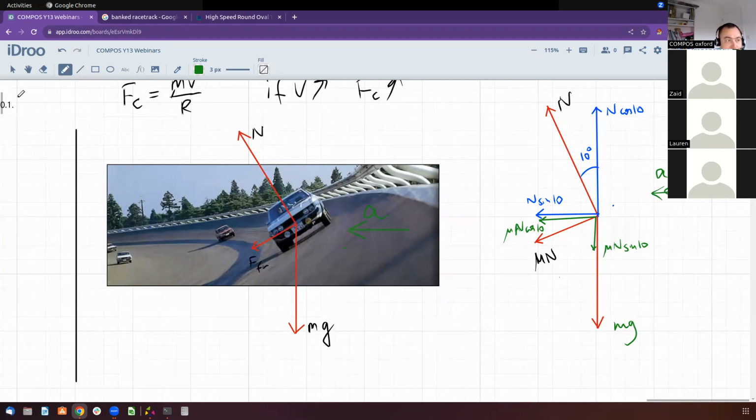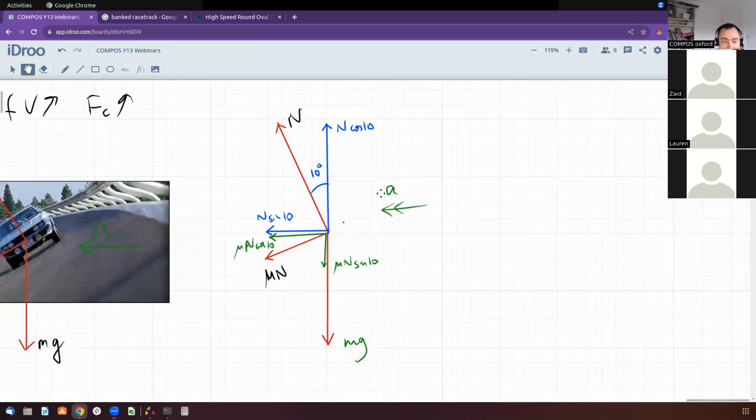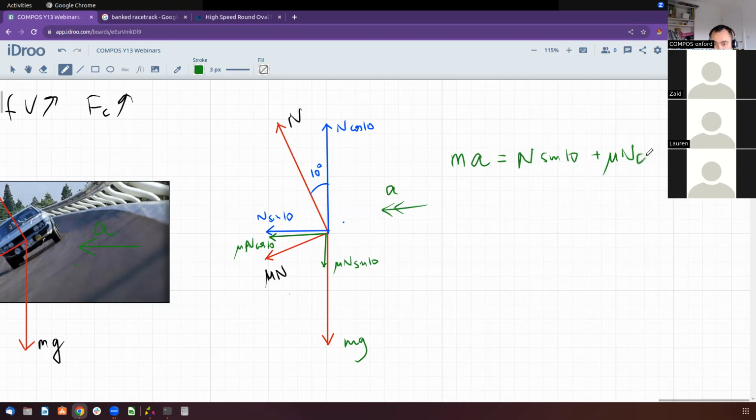Right, this way. The acceleration is this way. And we use the same thing. So mass times acceleration is equal to all the forces acting in this direction. So it's going to be N sine 10 plus mu N cos 10.